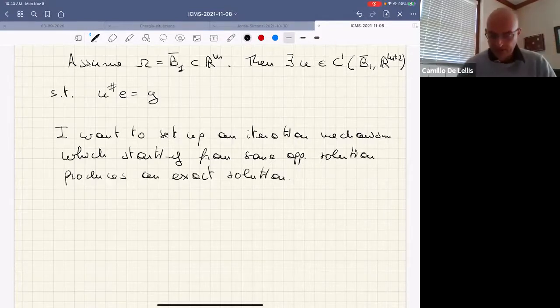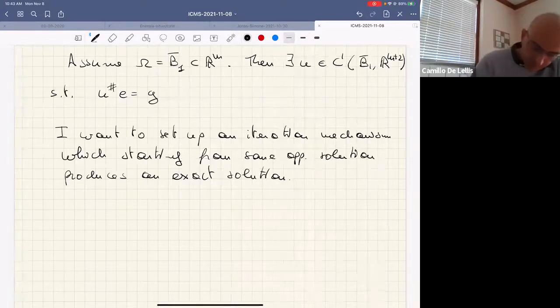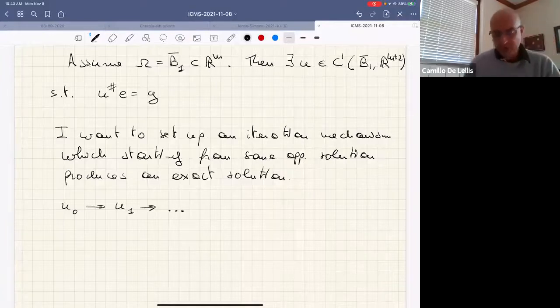So the idea is to start with a map, say U0, and then construct a map U1 and so on. And along the iteration, I'm assuming that all of these maps are as smooth as possible, C infinity.